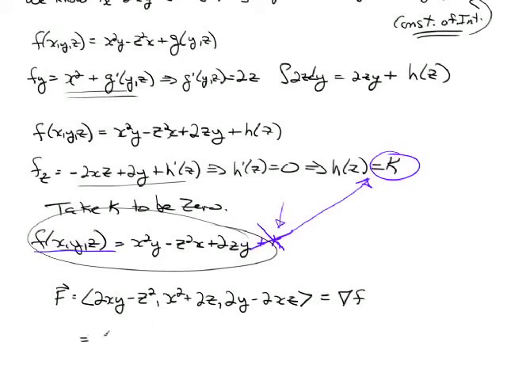And the gradient of f is obviously equal to the partial of f with respect to x, i. When I take that partial, this is what I get. Plus the partial of f with respect to y, j. When I take that partial, this is what I get. Plus the partial of f with respect to z, k. When I take that partial, this is what I get. So I was able to find f, the potential function, or a potential function, because they differ by this k.